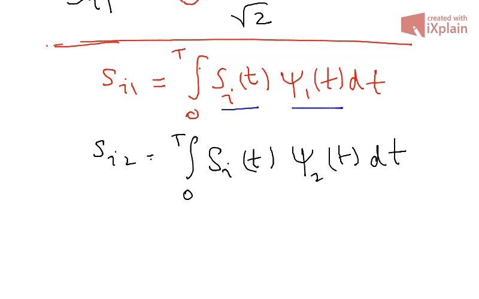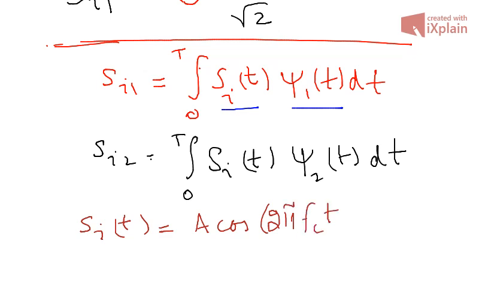Just take your equation SI of t, which for QPSK is A cos of 2 pi FCT plus theta I, right?